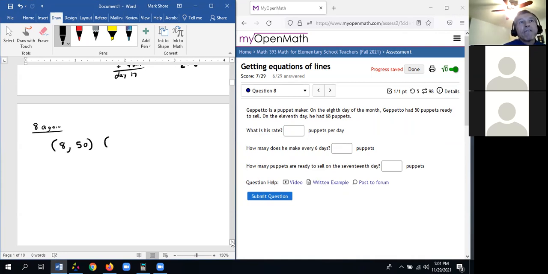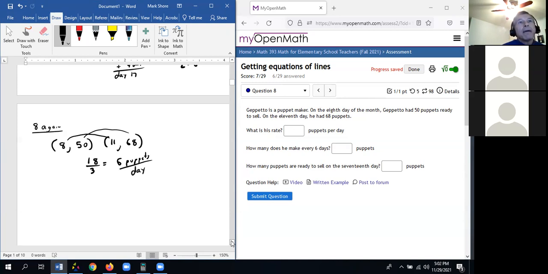And then on the 11th day, he had 68. And so we want his rate. Subtract these 2, and you get 18. Subtract these two, and you get 3 days. 18 puppets in 3 days, divide, that's 6 puppets per day.